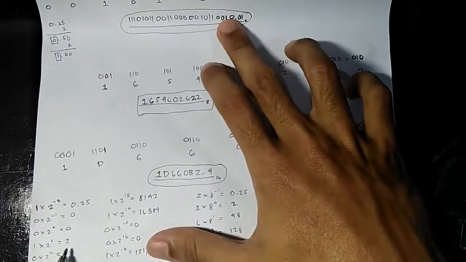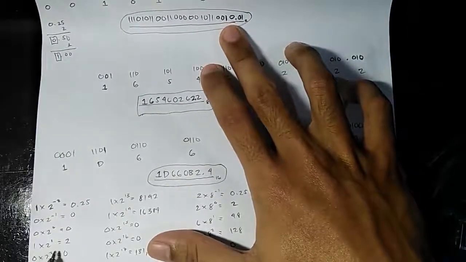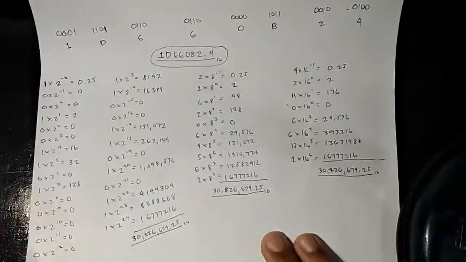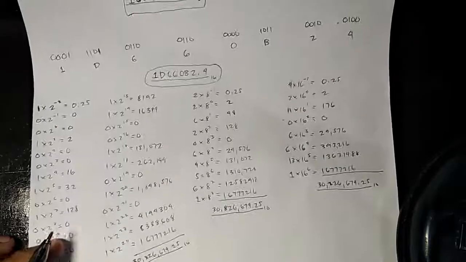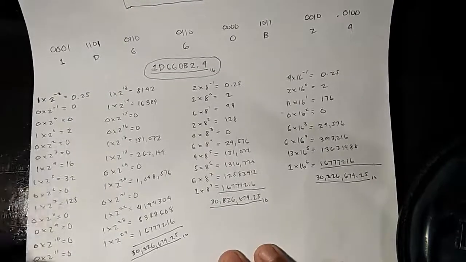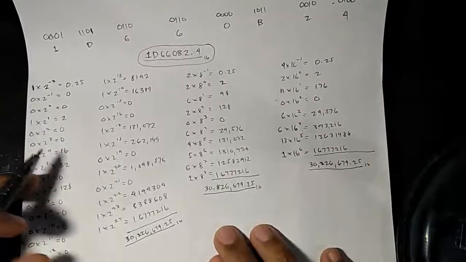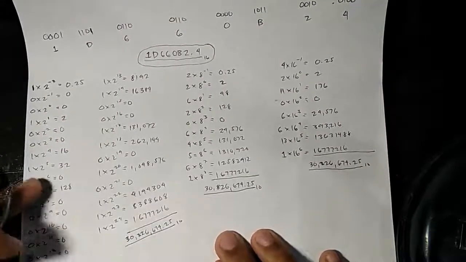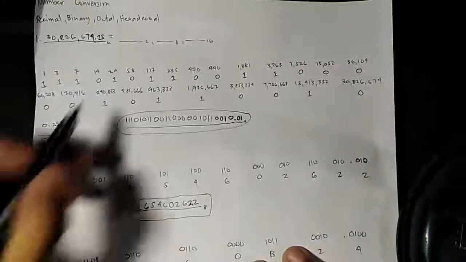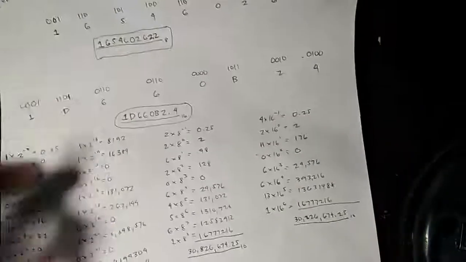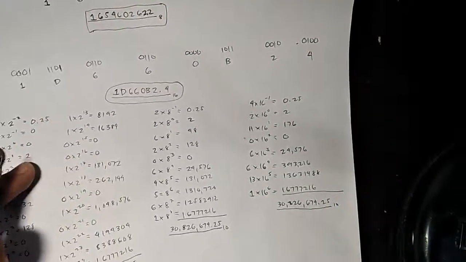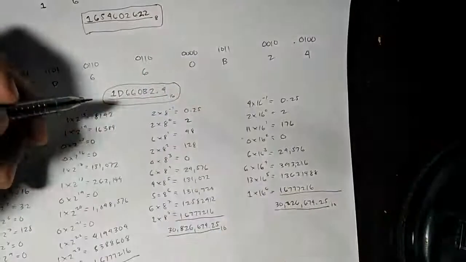And a 1 multiplied by 2 to the power of 1 is equal to 2. So if you do this for the rest of the binary numbers, you'll come up with results. And you're just gonna sum up these results, and this comes back to its original form here. The same is happening to the octal and hexadecimal.